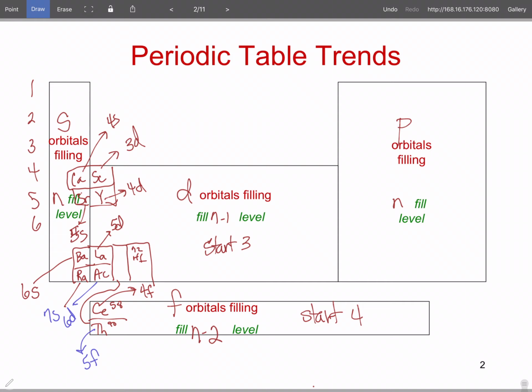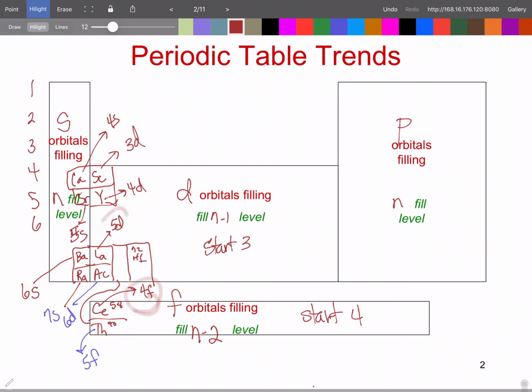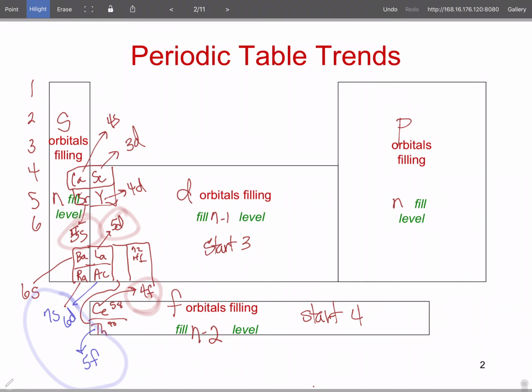Barium has to be 1, 2, 3, 4, 5, 6, so it's 6s. That's 5d, so that would be 4f. Yep, I did it right. Love this confusion here. So we have 4f, 5d, and then here we've got this partnership.